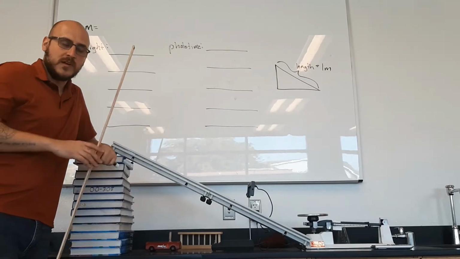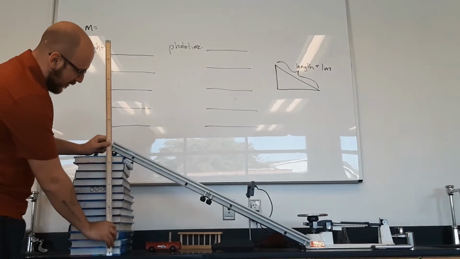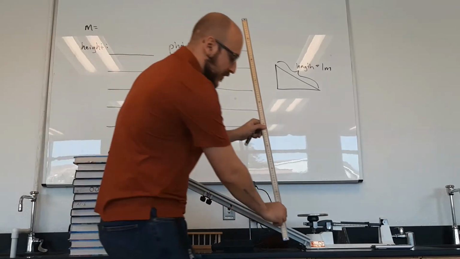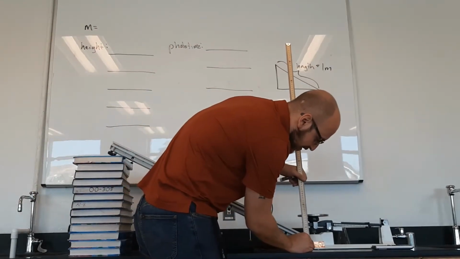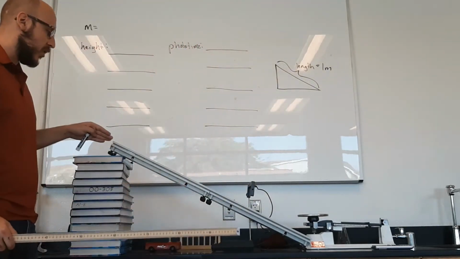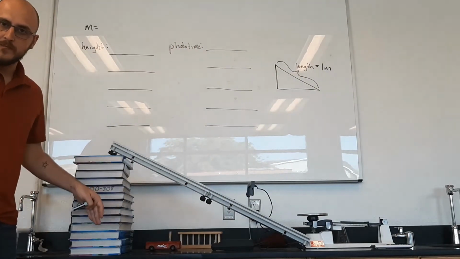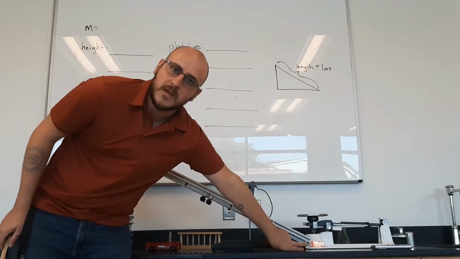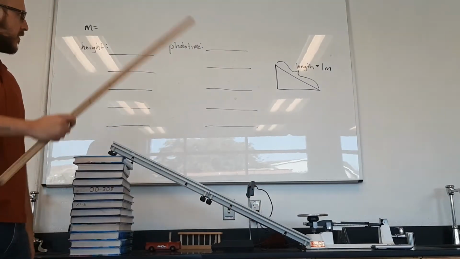So for this, I'm going to be taking a measurement up to a point on the ramp, and then I will take a measurement up to that point down here and subtract the two, and that will give me the total height of just the ramp without that little gap of space down there. Okay, so let's get our data points.